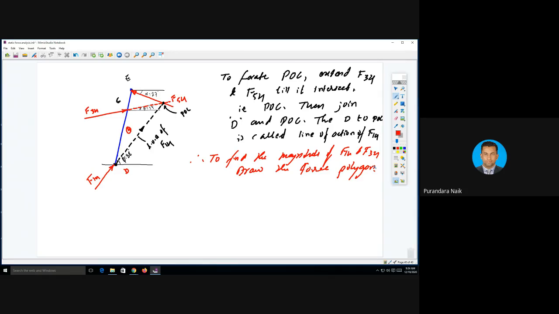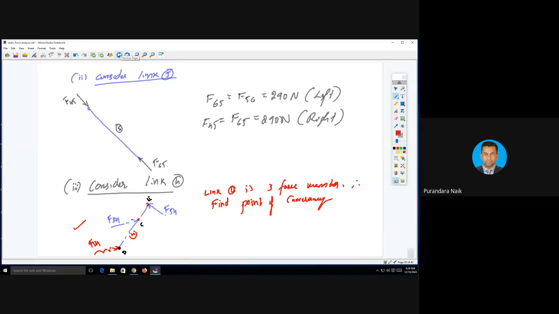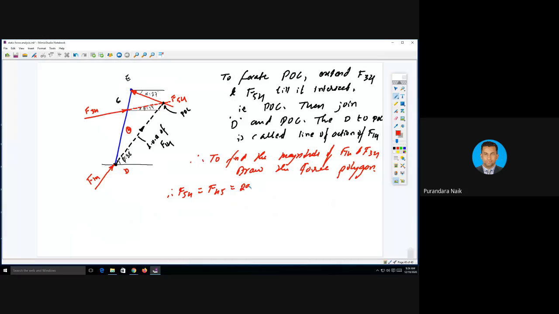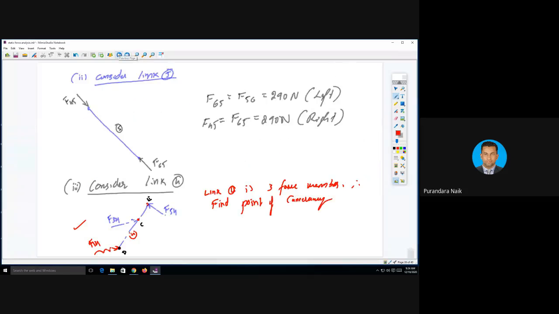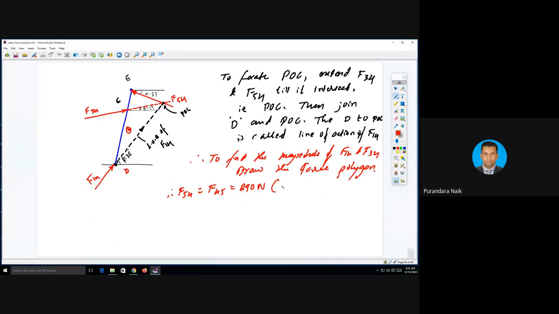First, F54 is known. F54 is equal and opposite to F45, which is 290 Newton. F45 is right, F54 is left.